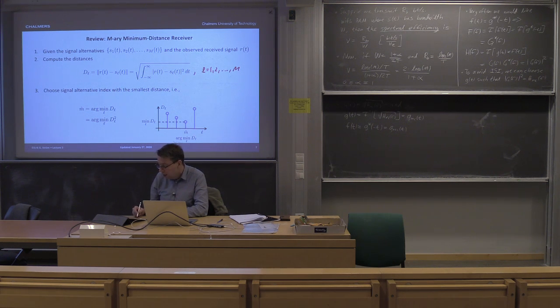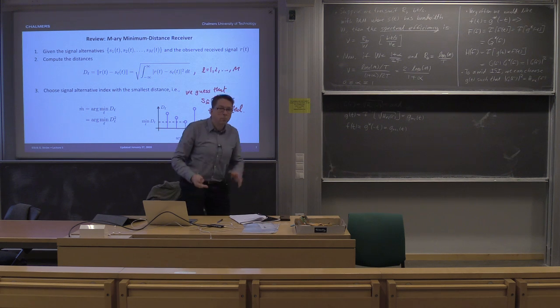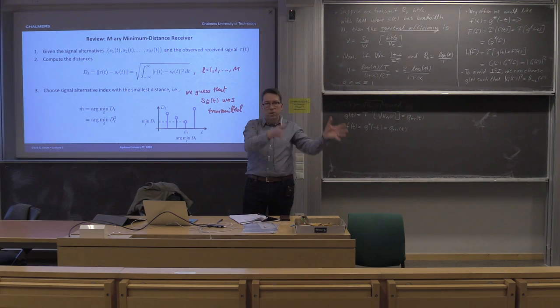So basically, we guess that s m hat of t was transmitted. So with the minimum distance receiver, we get the received signal, compute all these distances, pick the smallest distance and say, okay, I think the transmitted signal was the signal alternative that corresponds to the smallest distance.